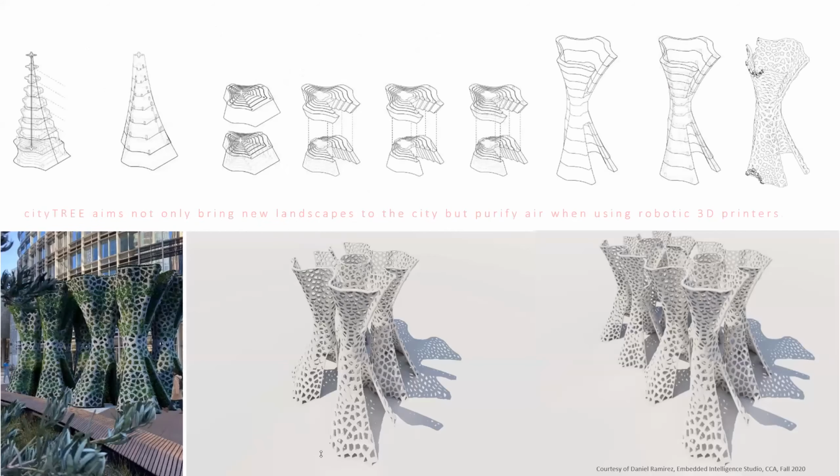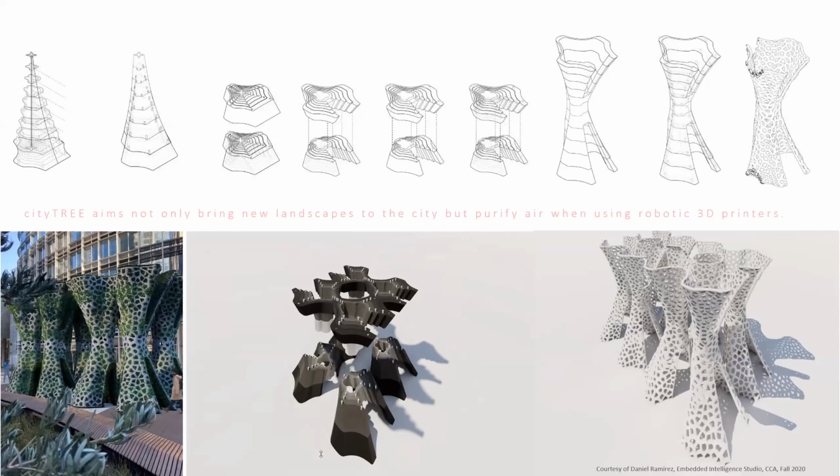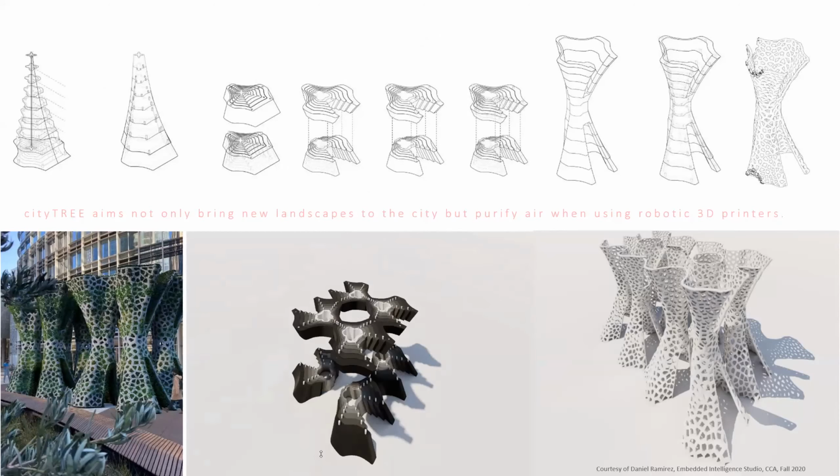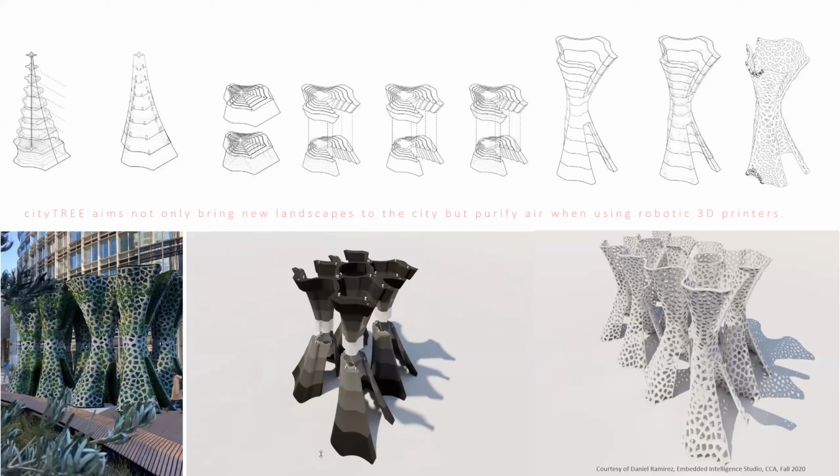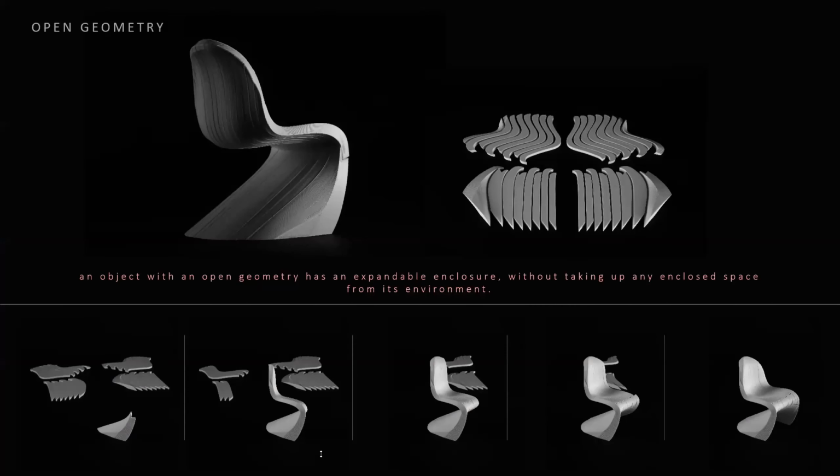So that was how we can robotically produce really compact components, ship them, and assemble them on site. In an open geometry, we have more freedom of design, so you can deal with more complex surfaces.